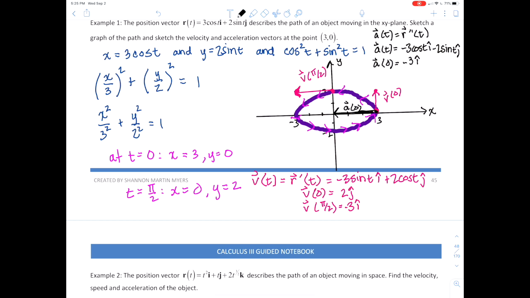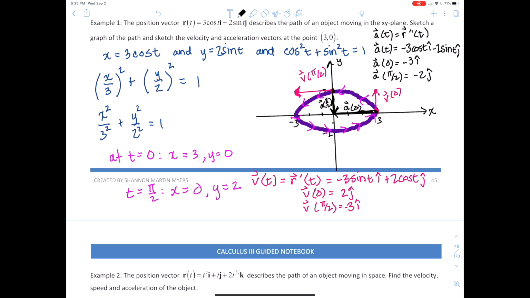So this would be acceleration at time 0. And then let's do acceleration at pi over 2. So that would end up giving us 0i and then minus 2j. So at pi over 2 we start here and then we would go down this way. So this one would be a at pi over 2. Cool, cool?